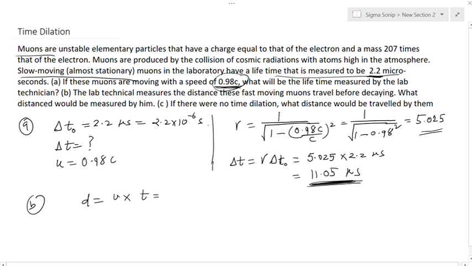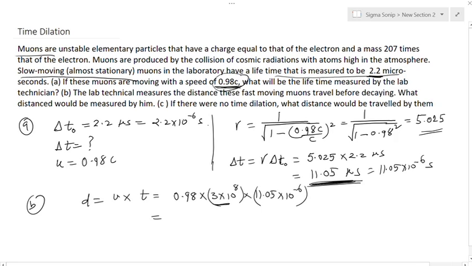Speed is 0.98 c, where c is 3 times 10 to the power 8, times 11.05 times 10 to the power minus 6 seconds.